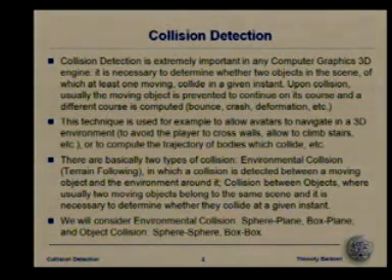Very often, when you're checking the relationship between the object and environment, for example, in terrain following, what you do is sphere plane or box plane, where the plane is usually the terrain.